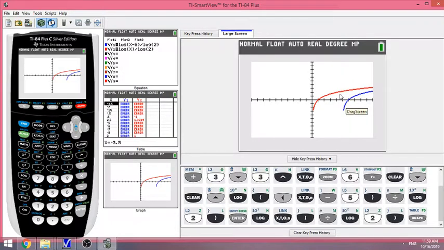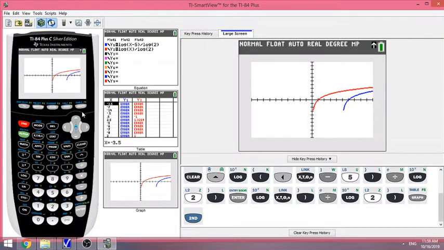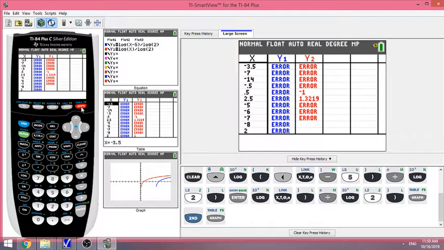Another thing we can use is the table. In case you want to plot points to find out exactly where the position is, we can use the second graph. As you can see, there are so many errors because the restriction for the graph is that it cannot take negative numbers.